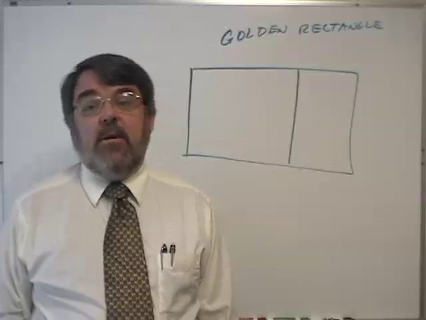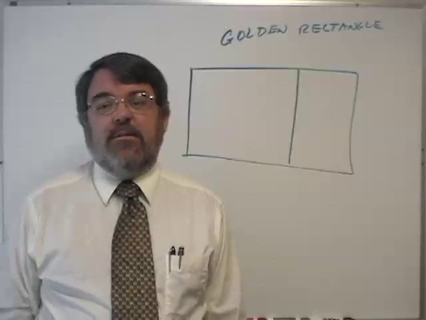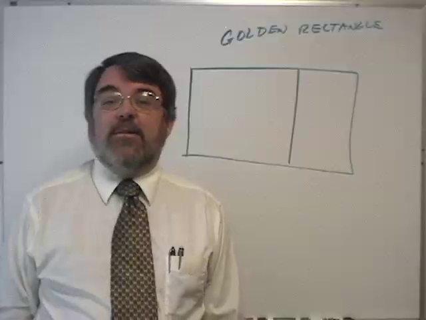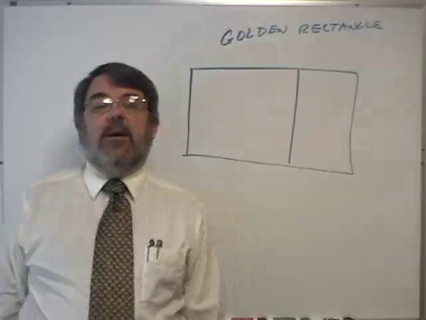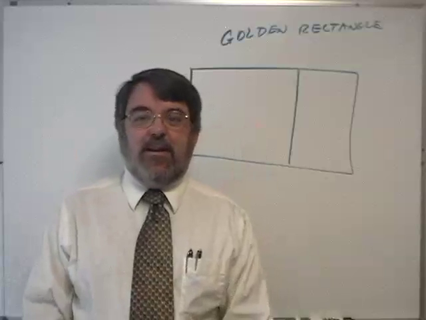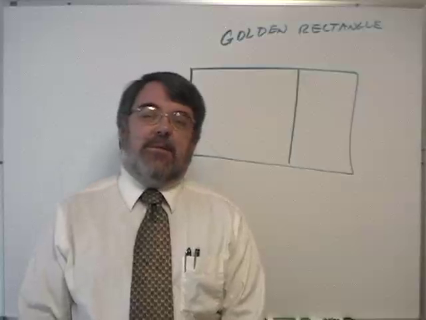It's often used in art and shows up a lot. Leonardo da Vinci was fascinated by the idea. If you look at the Mona Lisa, I believe you could frame her head inside of a golden rectangle. Some of the details in the background use that same thing.